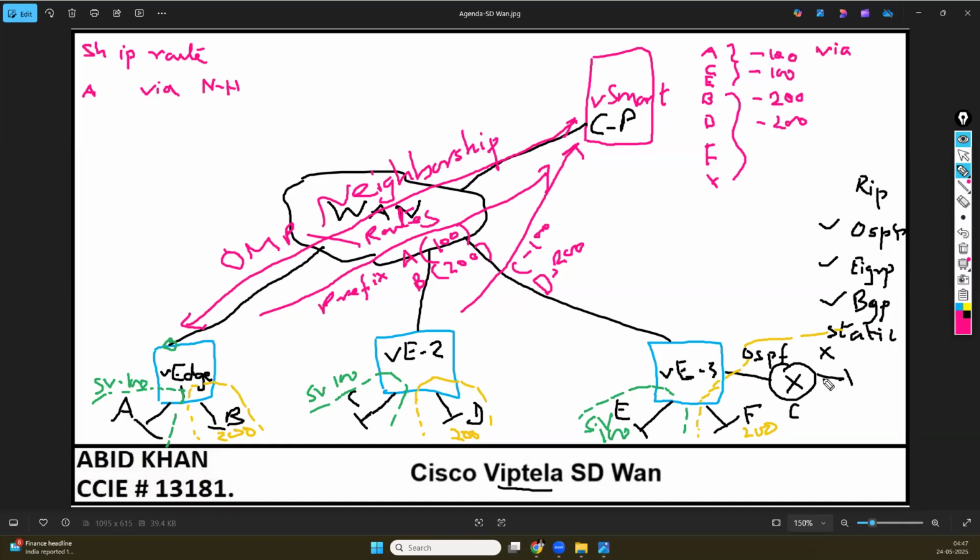Users of X will be able to access resources in segment F, or users of segment F will be able to send and receive data to segment X. Like how two interfaces that belong to the same VPN, same VLAN, are able to communicate. Two interfaces that belong to the same VRF will communicate with each other by default. There is connectivity by default. So the same thing applies for service VPNs also.